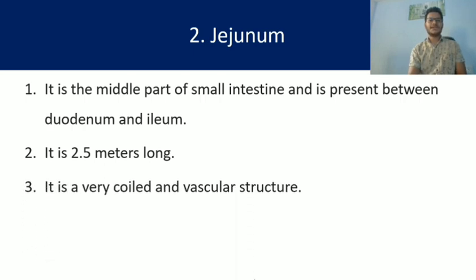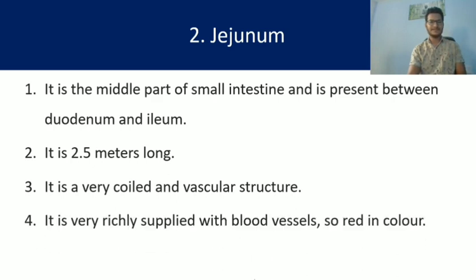It is a very coiled and vascular structure. Yes, we have seen the diagram in the previous slide. The structure of the small intestine is very coiled, so the jejunum is also very coiled. It is very richly supplied with blood vessels, so it is red in color. Why is it richly supplied with blood vessels?